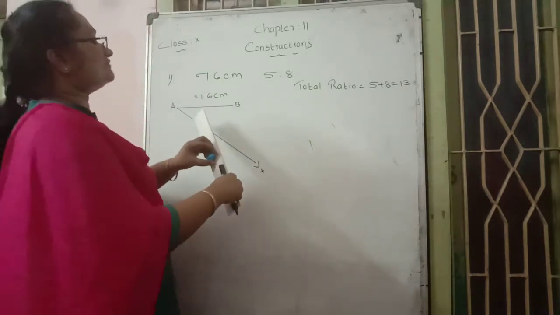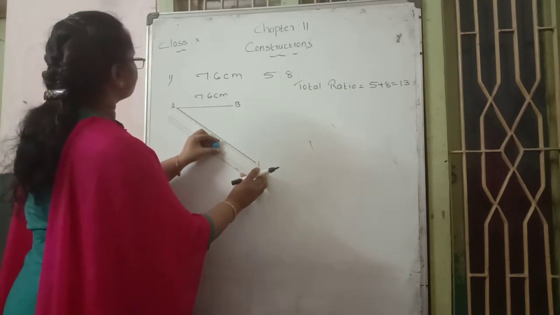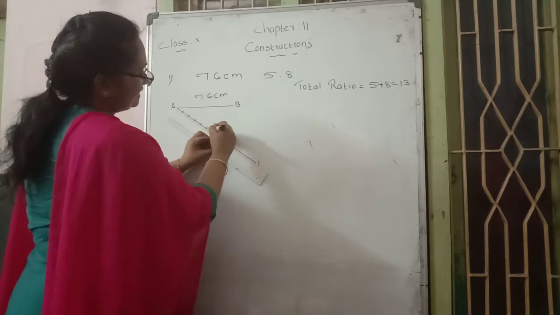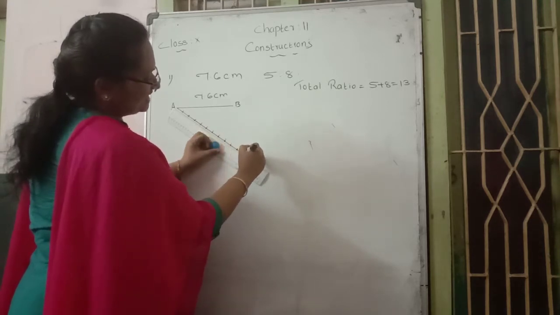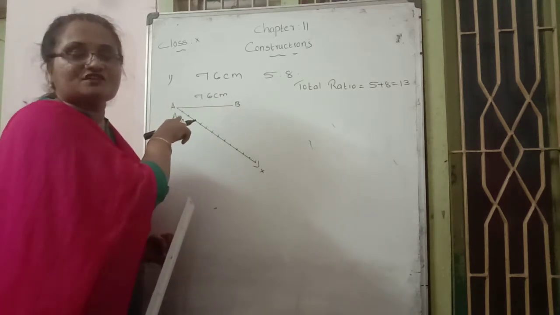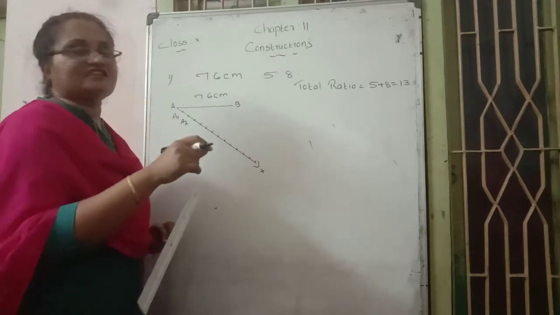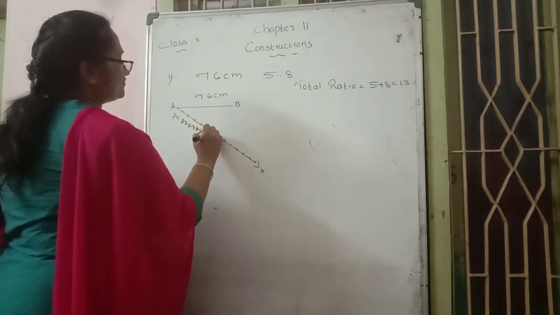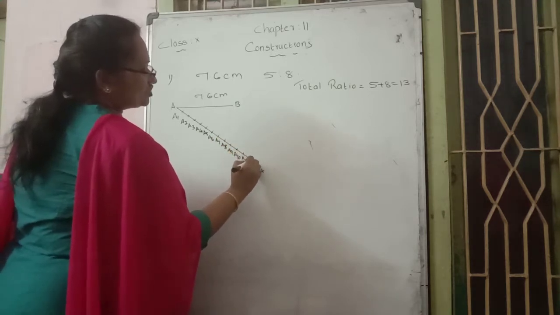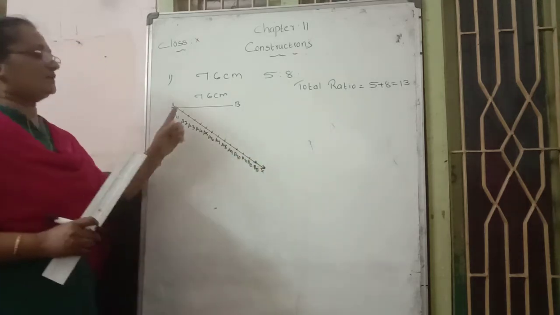To divide, take 1 centimeter on the compass and, keeping it on point A, mark 13 points, each 1 centimeter apart. Name them A1, A2, A3, up to A13. We are marking the 13 points like this.